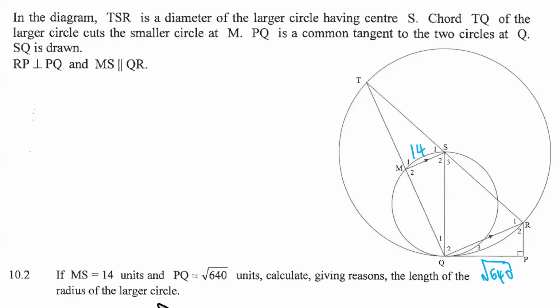Calculate, giving reasons, the length of the radius of the larger circle. We need the length of the radius. This is the largest circle. The radius is, for example, SQ from the center, or ST as well, or SR. Now we want to find the radius of the larger circle.